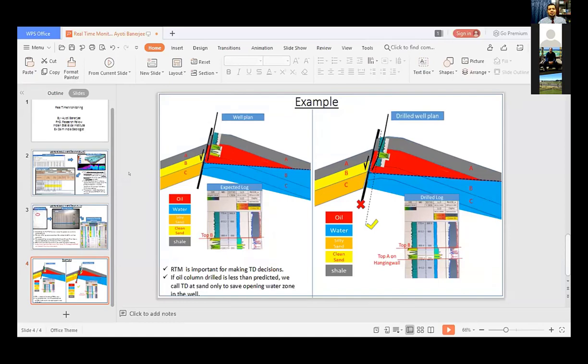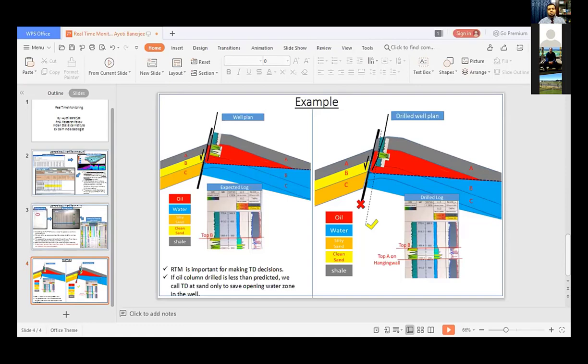Can you see it actually? No, because you have an issue with your connection. Okay, try now again. Can you see the slide? Yeah, we see it. Go ahead.